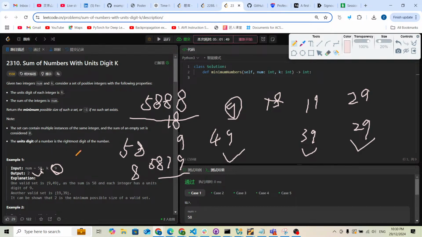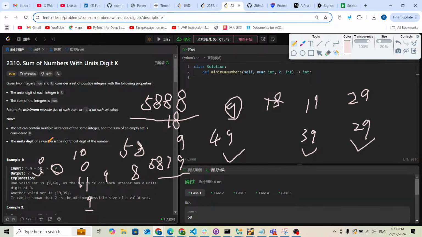Maybe we need 1 k or 2 k's, but at most we're going to need 10 k's, because 10 of 9 can become 0. So what if the unit digit of this number is 0? It means we're going to need 10 k's. But what about 11 k's? It doesn't matter, because 10 k's is enough to solve the problem. With 11 k's, the unit digit would be 9, similar to 1 k, because for 1 k it is also 9.